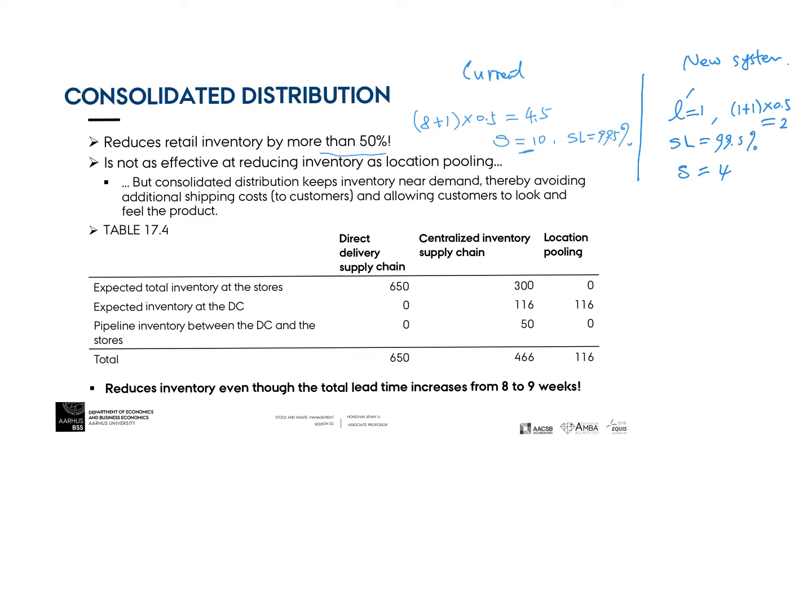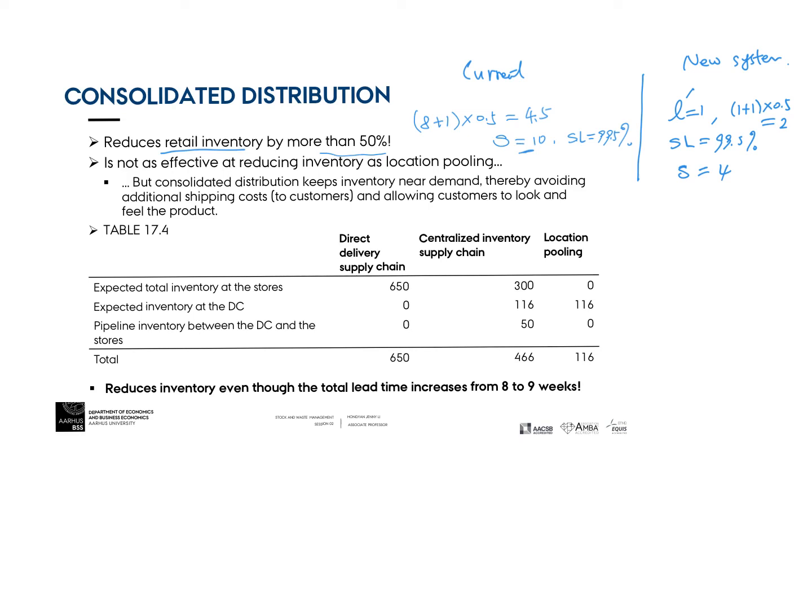So that's how you analyze the difference between these two systems at the store level, or retailer inventory. Although consolidated distribution is quite effective, normally it's not as effective as location pooling.